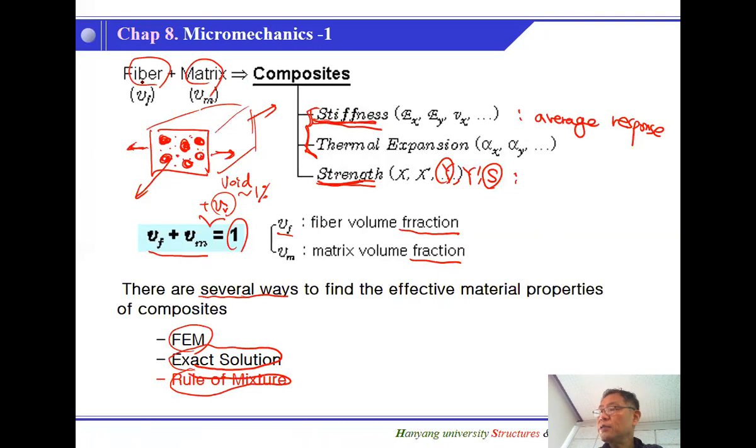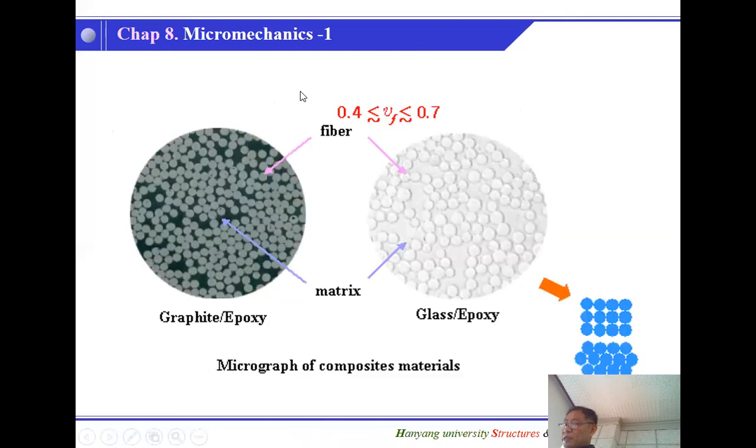So we start with fiber property and resin property, okay? Fiber has a stiffness and resin also has a stiffness. Fiber has a strength and resin also has a strength. And of course the CTE and fiber volume fractions, and they are all combined and give us the composite properties.